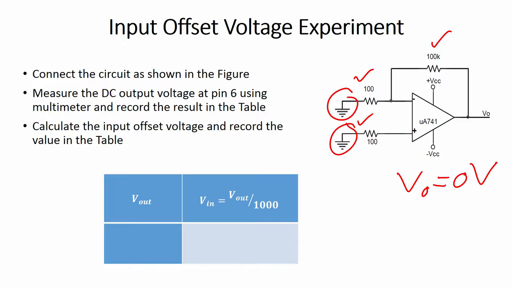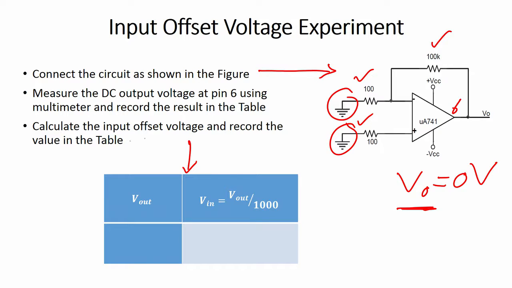So, if you want to understand whether output voltage is 0 or not and how much voltage we have to give at the input, then you have to connect the circuit like this. Connect the circuit as shown in figure, it is very easy, and I am sharing these slides with you, so you can do it anywhere. Now, measure the DC output voltage at pin 6 using multimeter, and record the result in table.